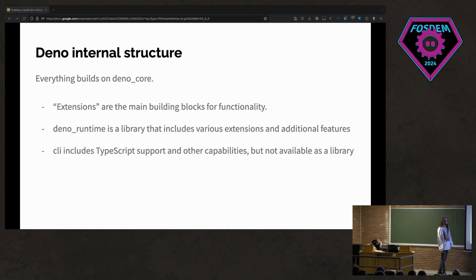And on top of that, we have various other functionality that's built on top, and that's extensions. Extensions are individual libraries that can be used by themselves to implement functionality, individual APIs and functionality. For example, a specific web API, like let's say fetch, or FS operations are an individual extension.